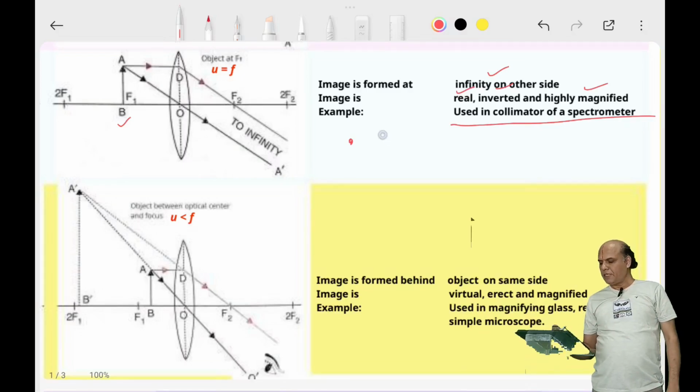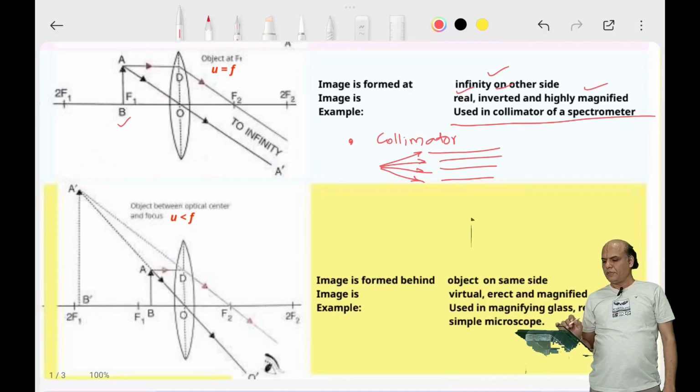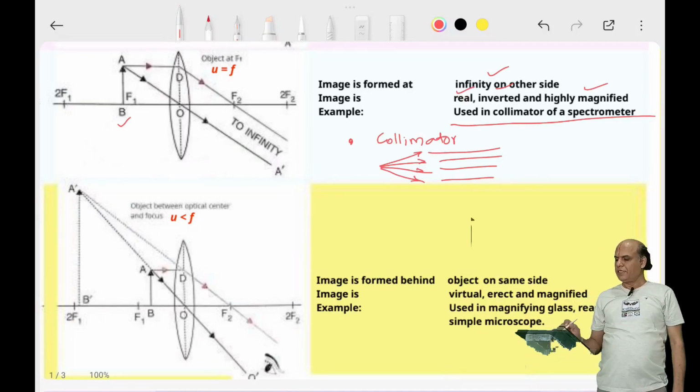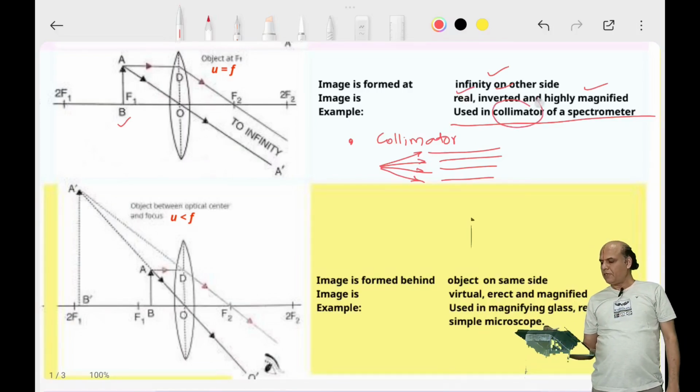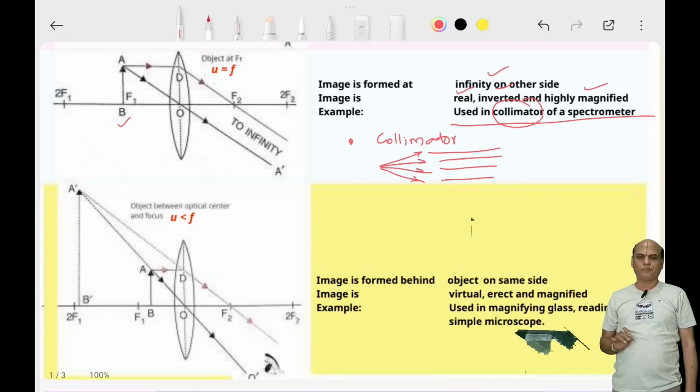So the collimator is a device which converts the diverging incident rays from a point source of spectrum to parallel rays. This is how this lens is used in the collimator of a spectrometer.